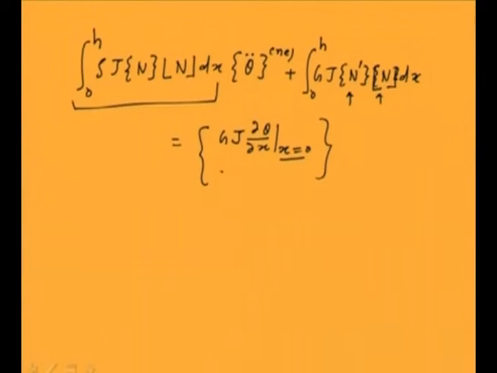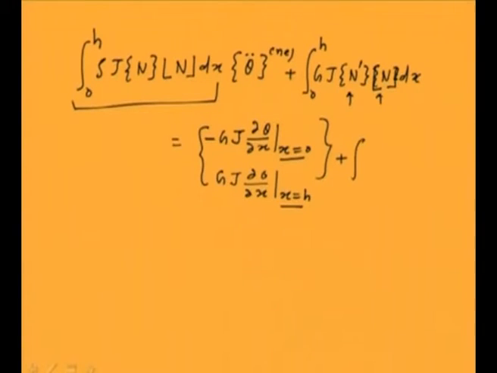Then here a minus will be coming. In the next term we will be left with this particular term, because at x equal to h, N1 is 0 and N2 is 1. Plus we will have the terms corresponding to the external moment. All integrals are from 0 to h. This is the element length.